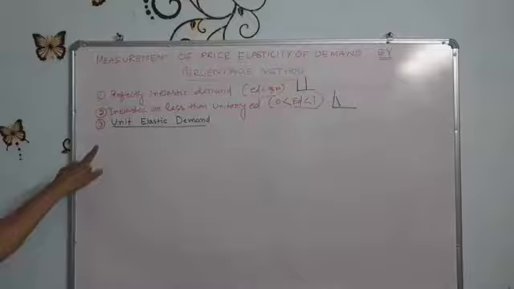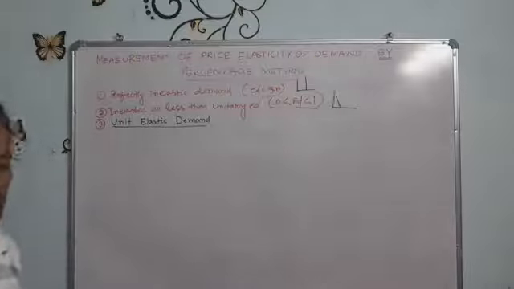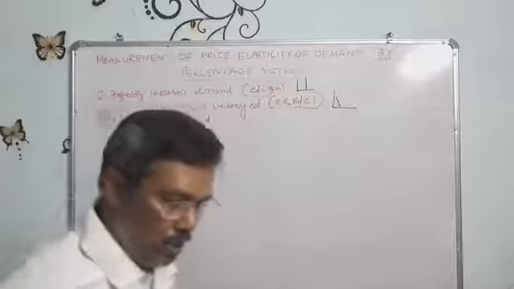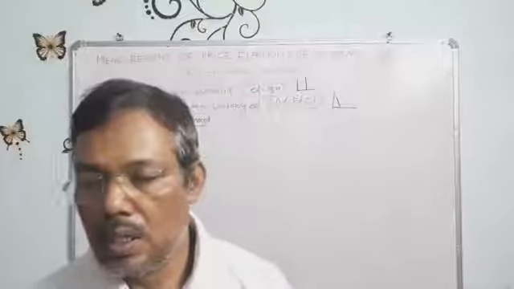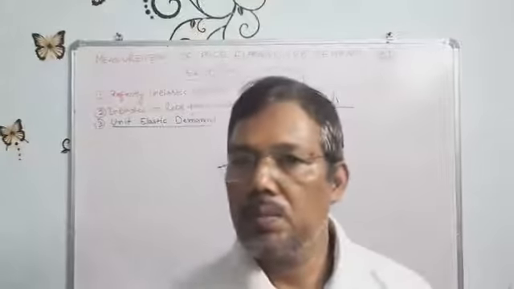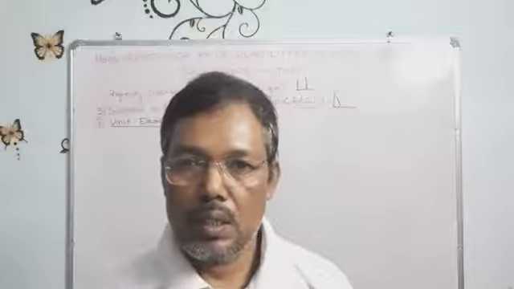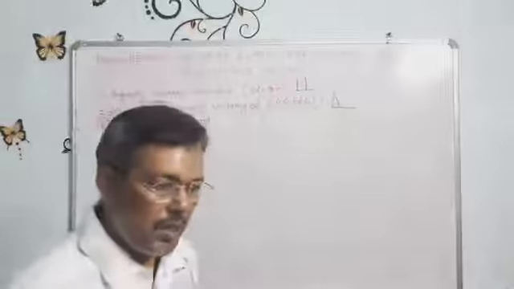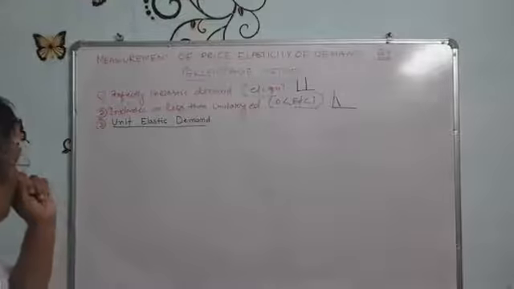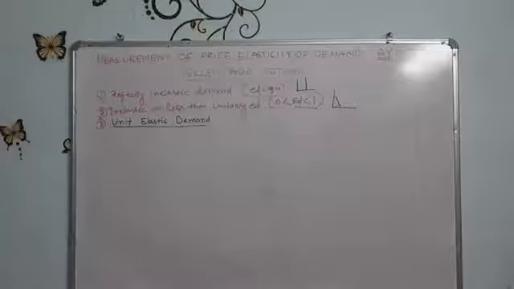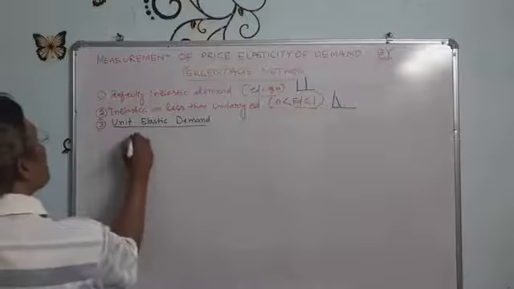Now we'll start the third one, unit elasticity of demand. We are discussing how much the quantity demanded changes due to the change in price. It means the percentage change in quantity demanded is equal to the percentage change in price.